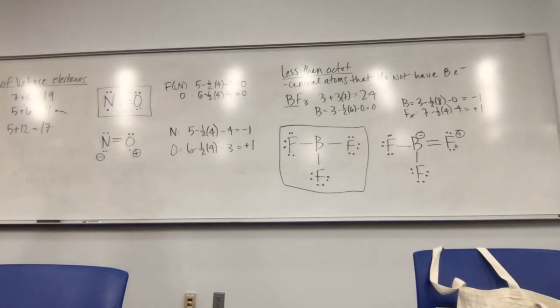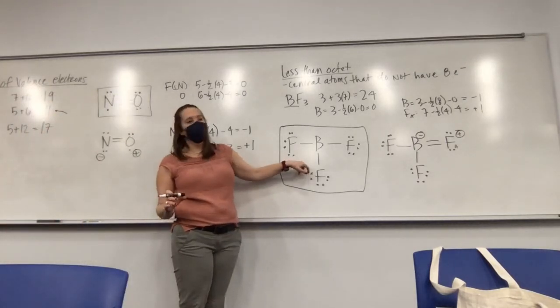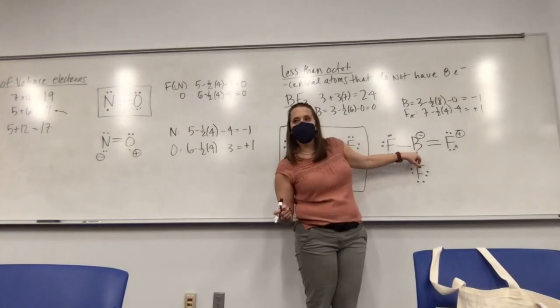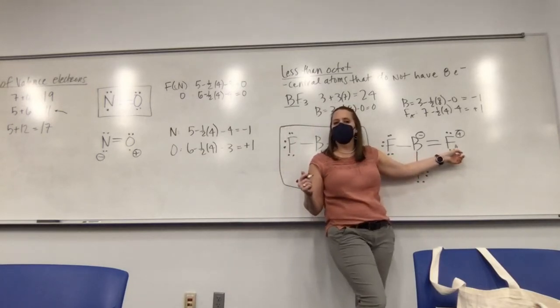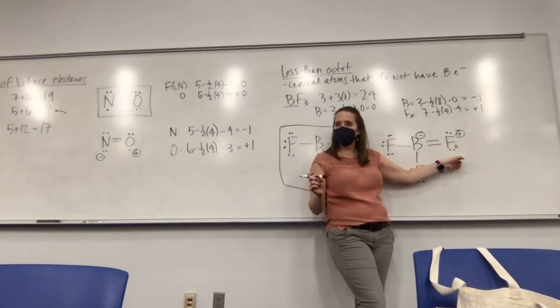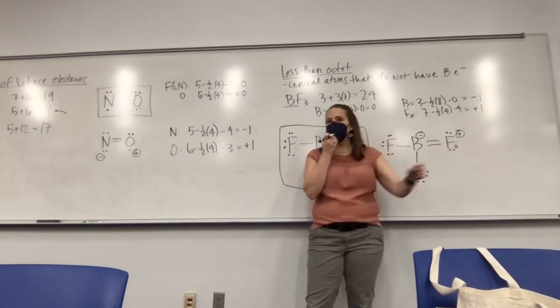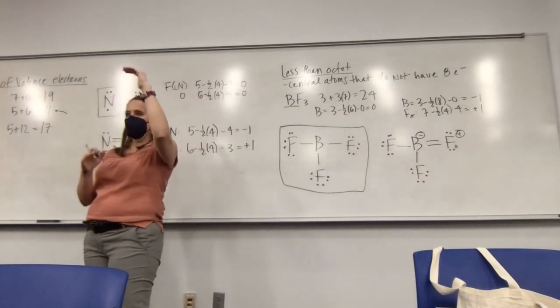So why is the left one preferred again? There's no formal charges here. And in this structure, fluorine, well, in all structures, fluorine is the most electronegative. And so here it has a positive charge. It's kind of a hierarchy of things that are bad.